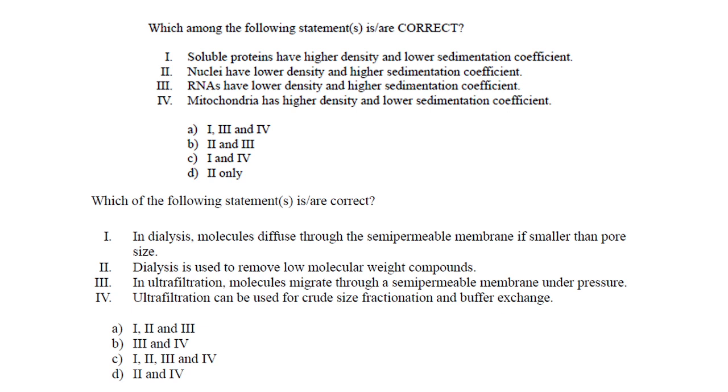So the only correct option over here is 2. Nuclei have a lower density and higher sedimentation coefficient.